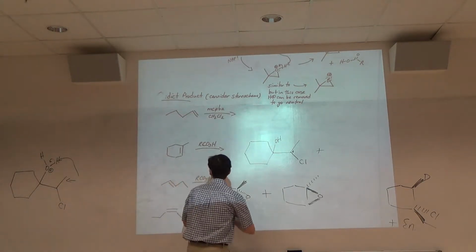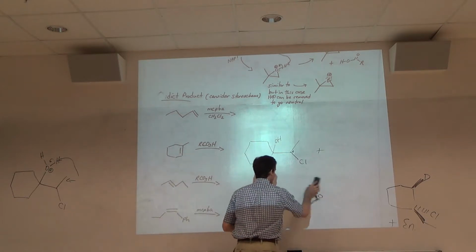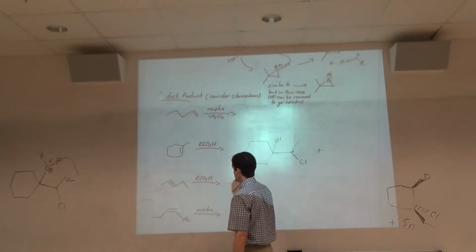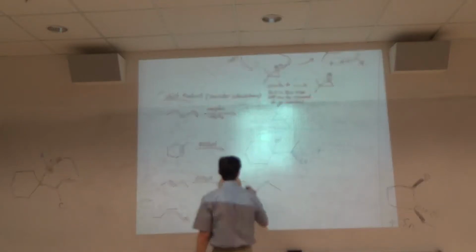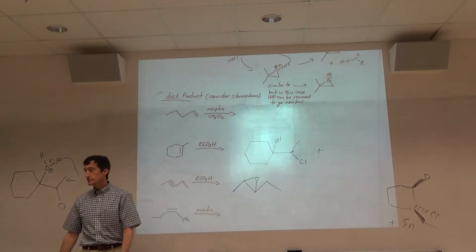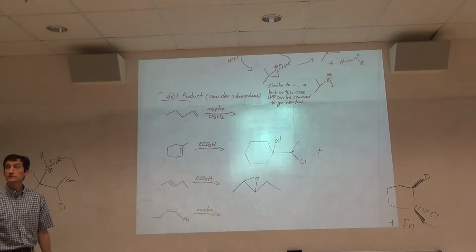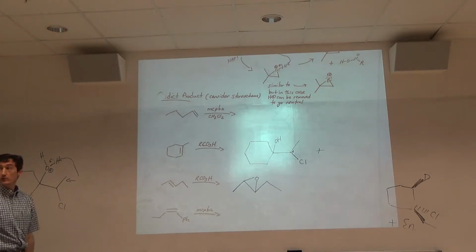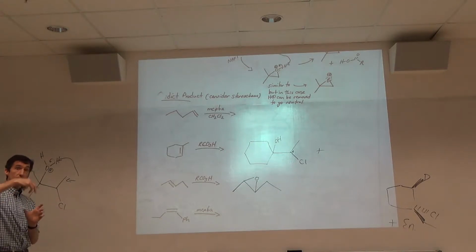All right, we're making an epoxide. That right there is the product if you just disregard stereochemistry. There's your connectivity, right? We turn the alkene into a three-member ring oxygen.